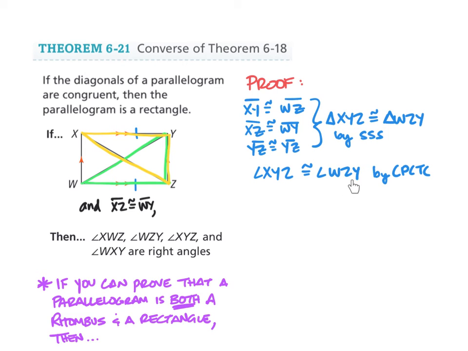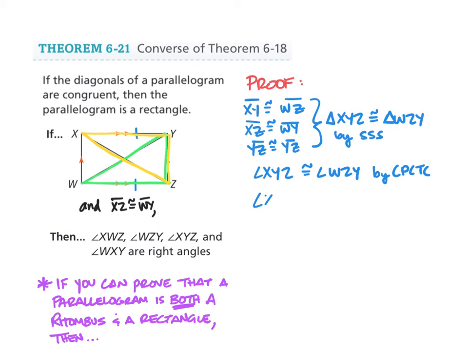I also know that this segment and this segment are parallel, again, because we said that this was a parallelogram, so these opposite sides of it are parallel. That means that these two angles, not only are they congruent, they must also be supplementary.